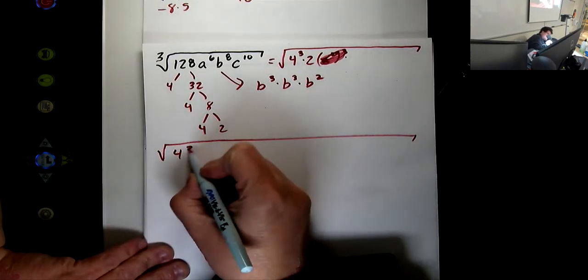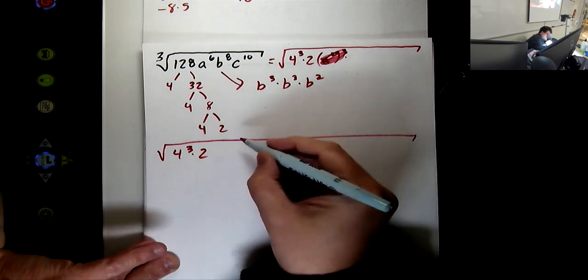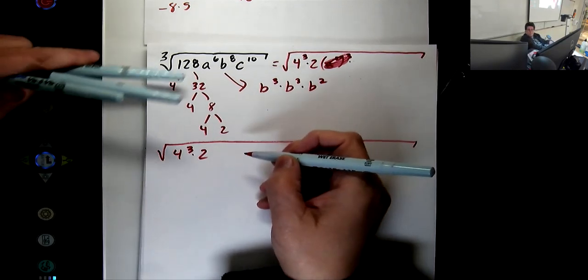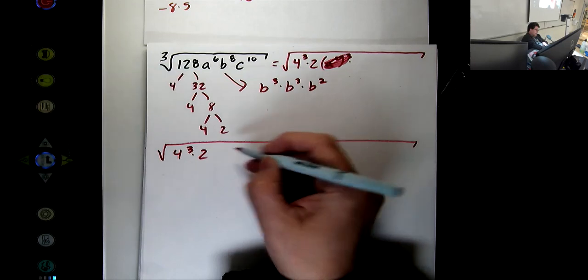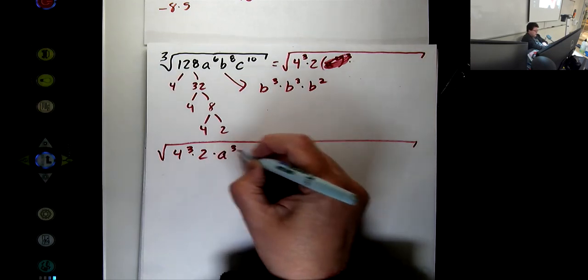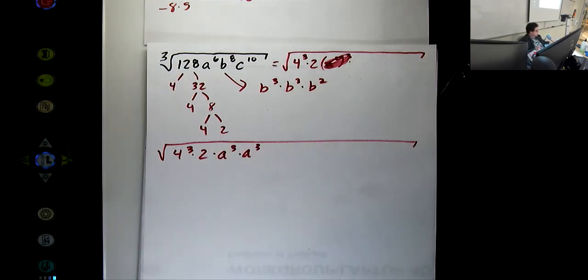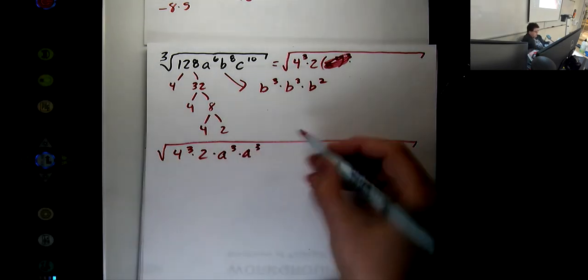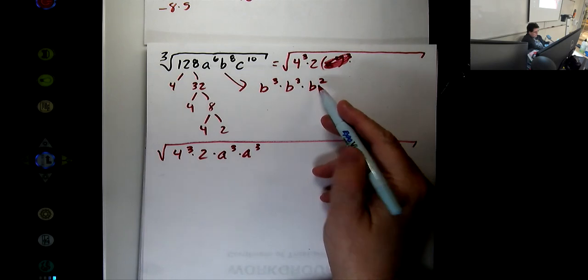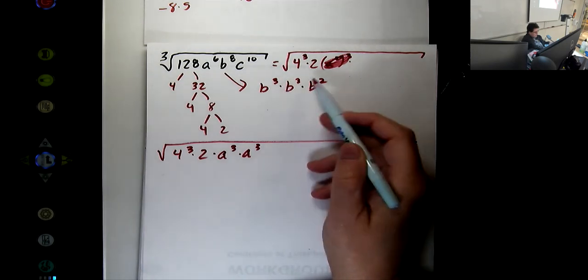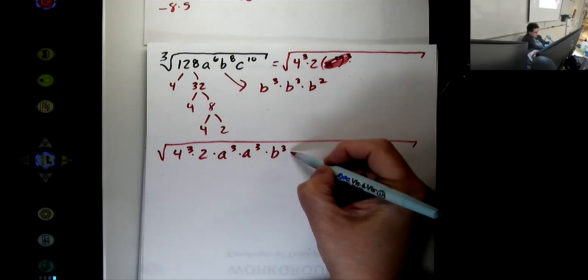I got 4 cubed times 2. The a's, I'm going to keep tearing apart the 6 by pulling out factors of 3. A cubed times a cubed, and we're out. 6 minus 3 is 3, minus 3 is 0. I can do that with b. I did that here. 8 minus 3 is 5. Minus another 3 is 2.